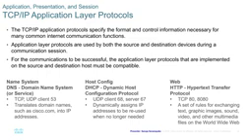If the source and destination have incompatible application layer protocols, the communication between the two will not occur properly. Some examples of the TCP/IP application layer protocols would be DNS, DHCP, and HTTP.